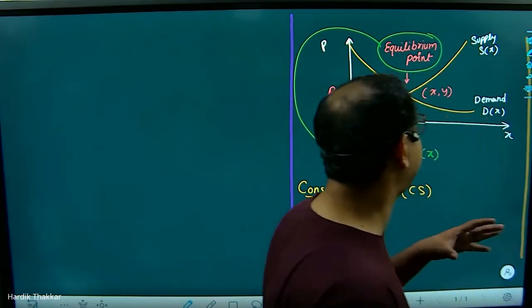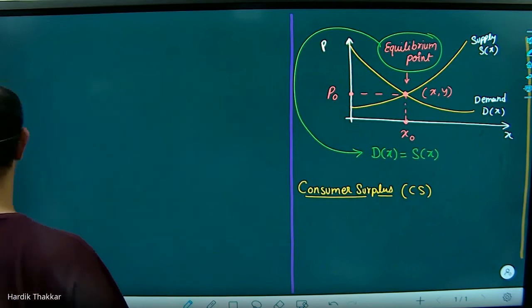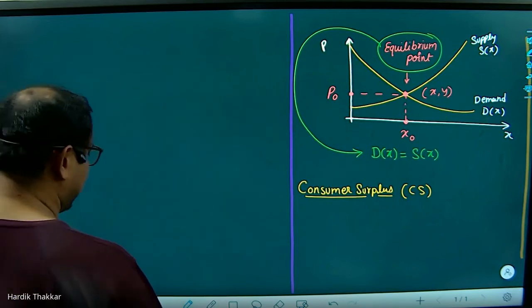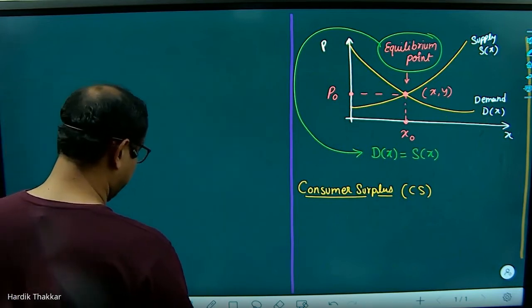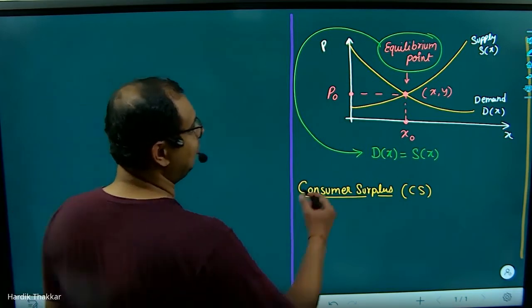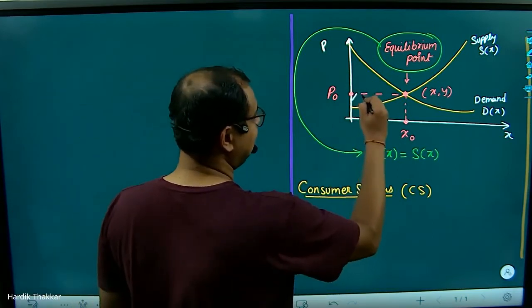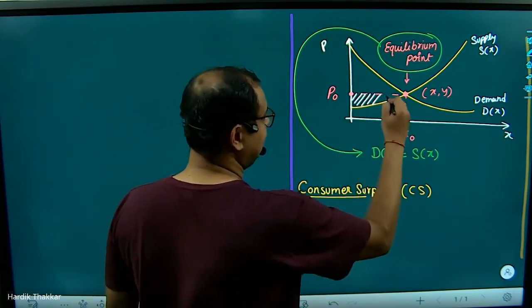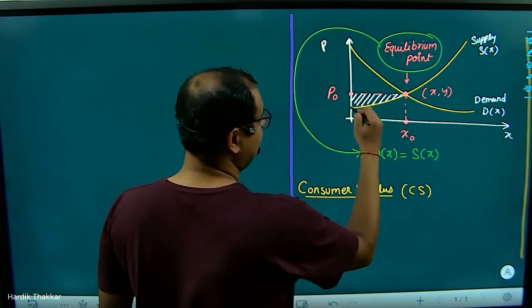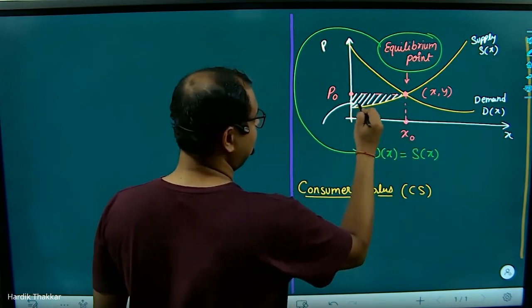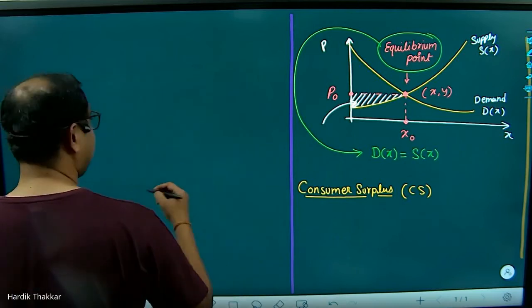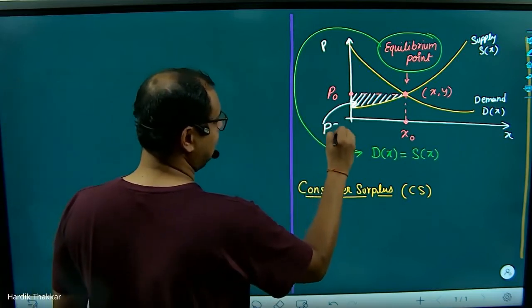Now how do we calculate this surplus amount? For that, in this graph, this particular region which I'm shading right here is PS, that is producer surplus.